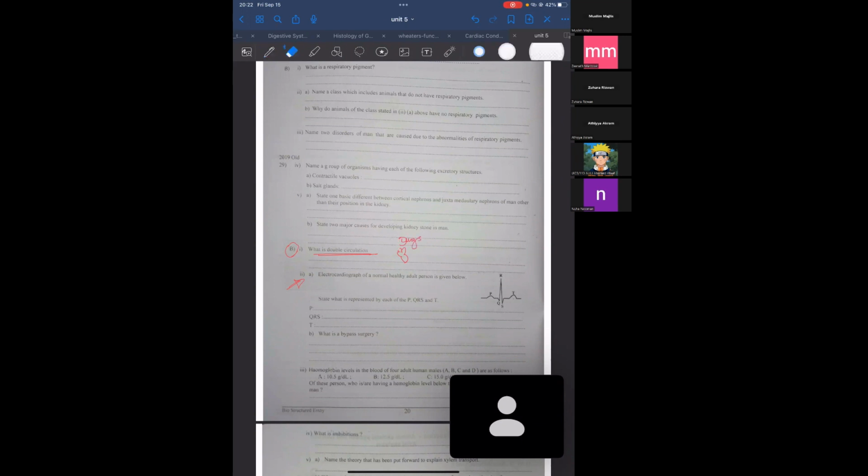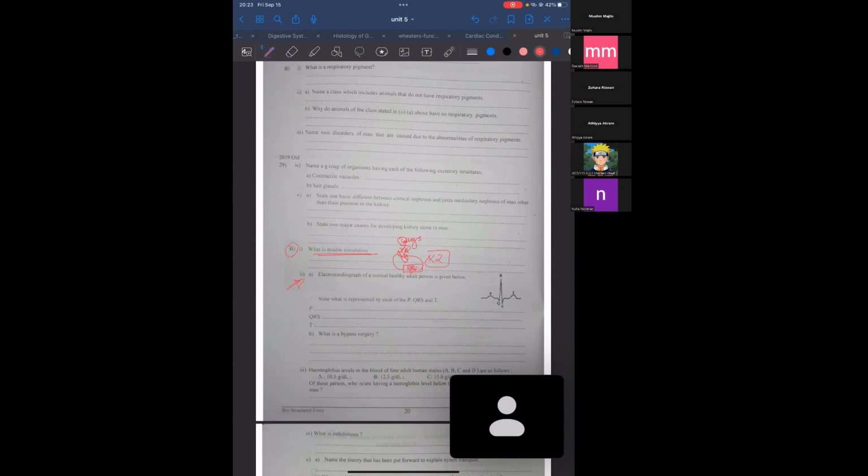It goes from the right atrium like this, comes to the left atrium like this, and then goes to the ventricle. And from the ventricle, it goes to the systemic circulation. This is one complete cycle. During a complete cycle around the body, the blood travels through the heart twice. This is why it is called the double circulation.